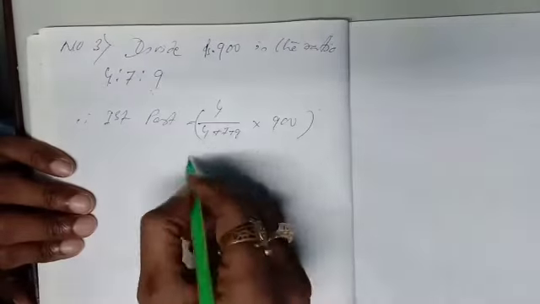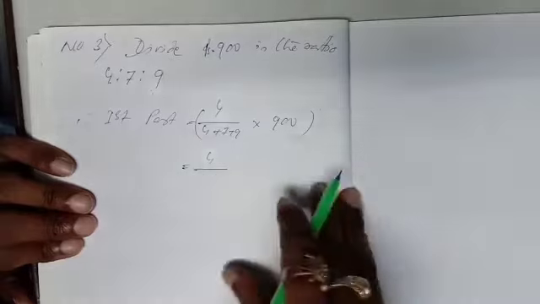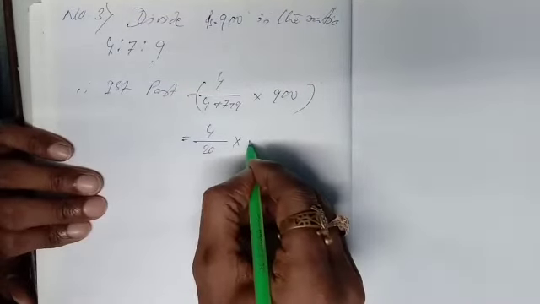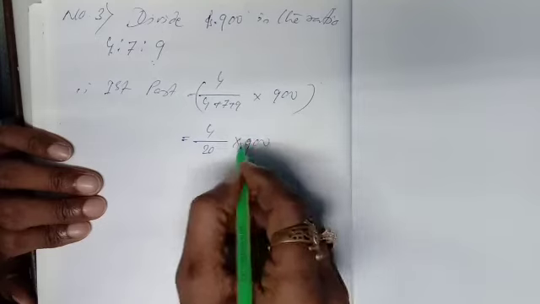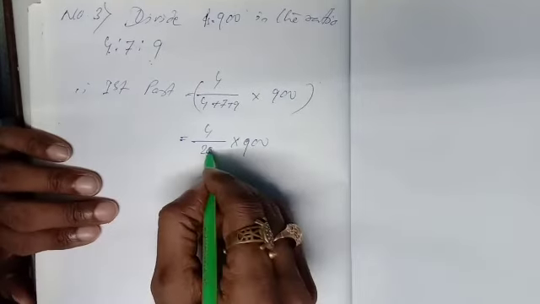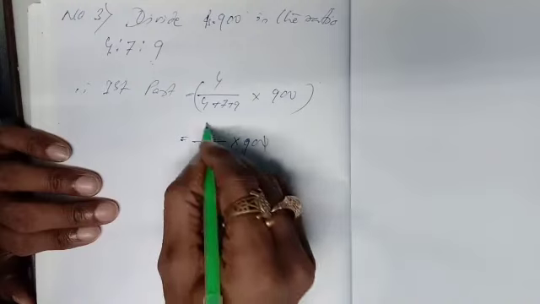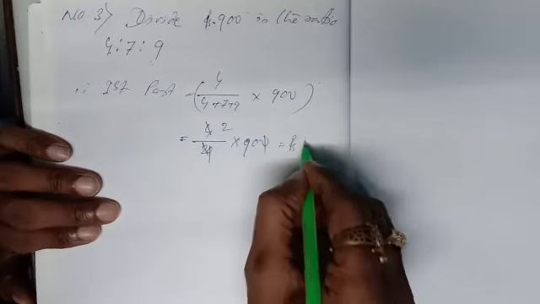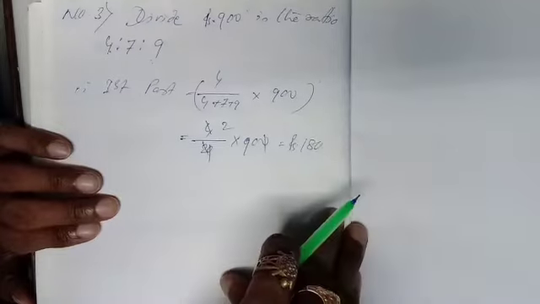How much will you get? This is 4 by 20 into 900. 1 0 cancel, 2 4s are 8, 90 into 2 is becoming rupees 180. This is the first part.